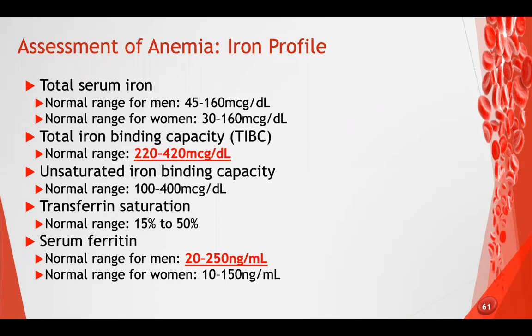So this is a very important lab value to pay attention to when we're looking at individuals' labs if we're assessing them for anemia. And then our ferritin stores: ferritin actually stores iron, and it releases it when it is needed. The normal range would be 20 to 250 nanograms per milliliter.